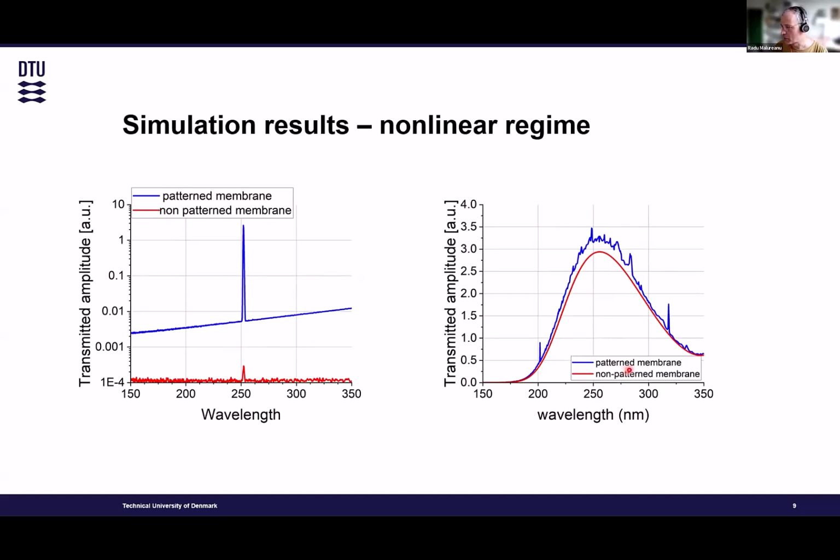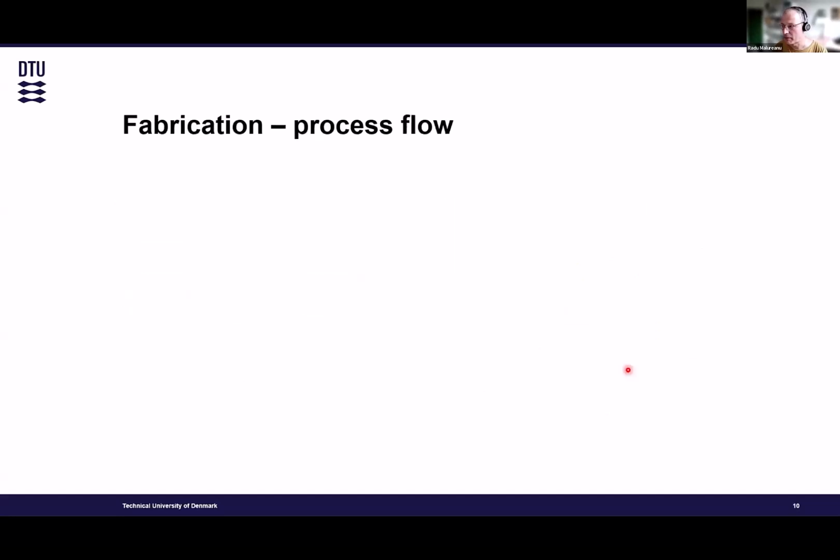We'll talk a bit more about it afterwards, but now in terms of fabrication, because that's in a way what this talk is mainly about, we have a relatively standard process flow. So we start with a silicon wafer. We deposit silicon nitride.